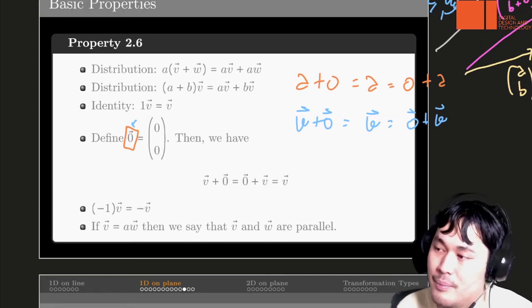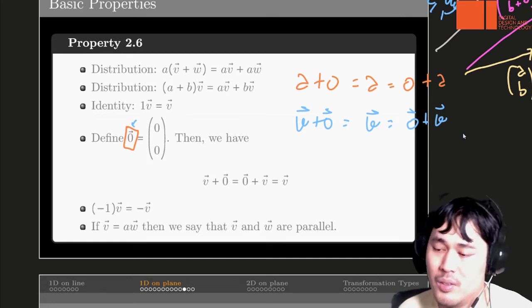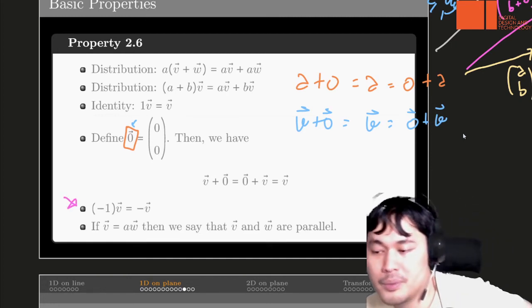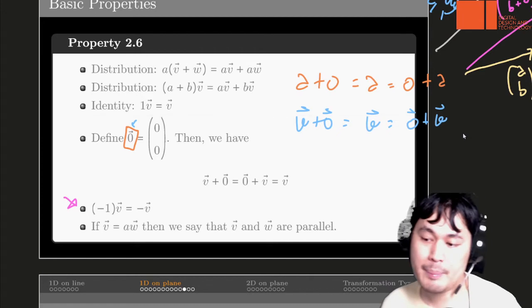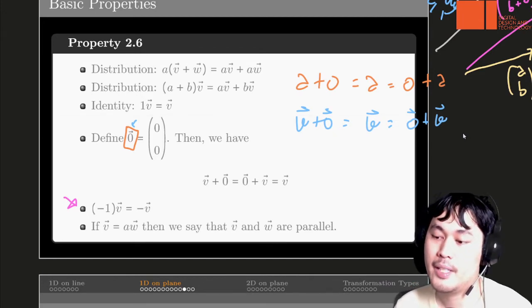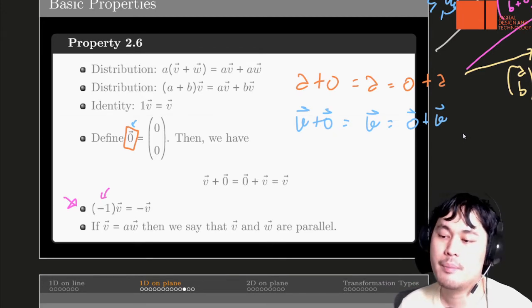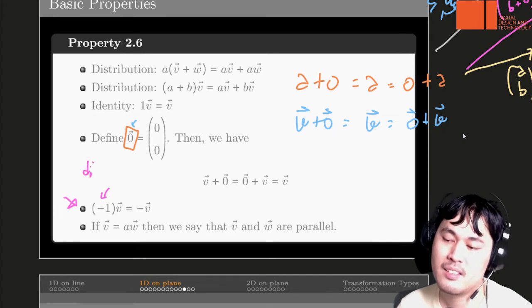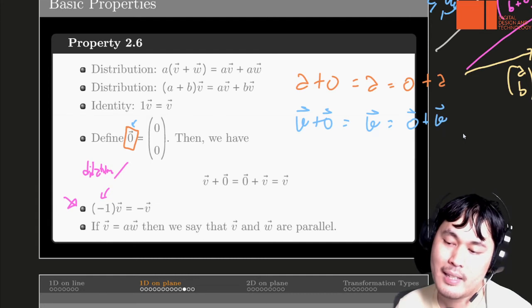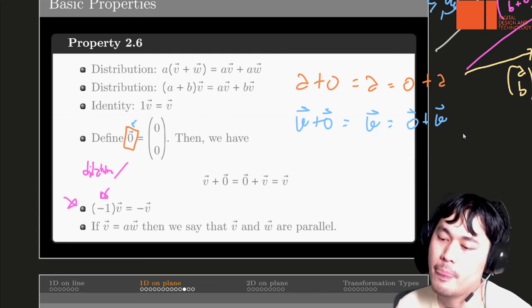And also there's this notation, which is very useful, because remember that if you multiply a vector by -1, this is the same as dilation. You flip it, and in this particular example, it is actually called a reflection.